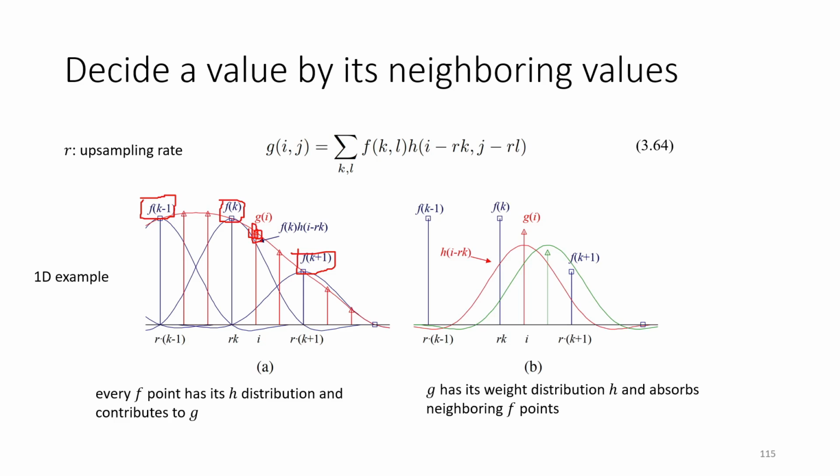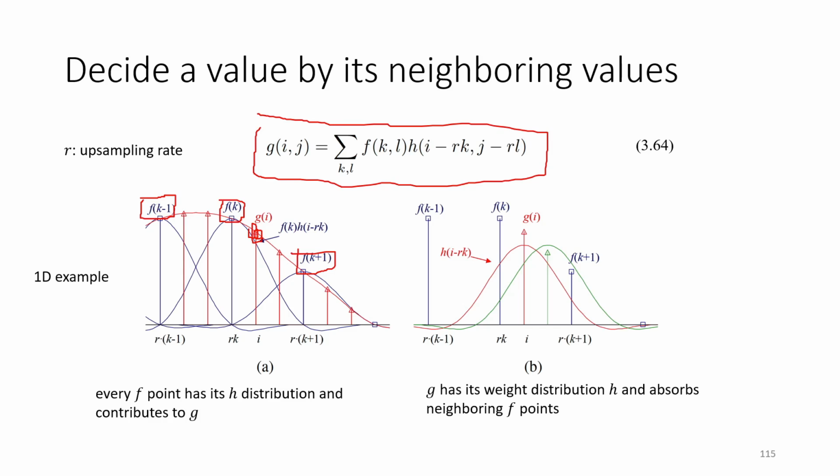Basically, this is the equation to decide what the G value should be. And there are 2 perspectives to explain this equation.